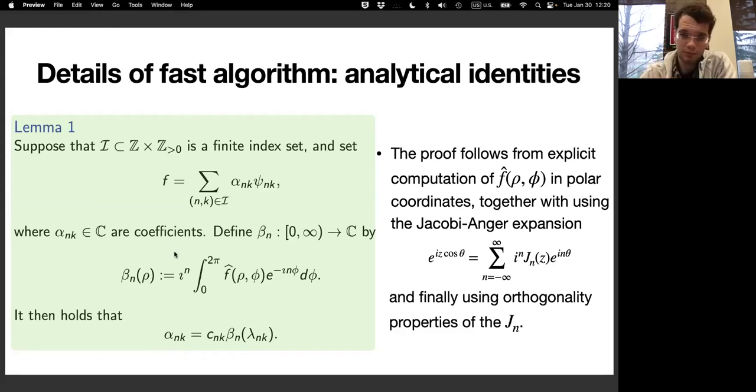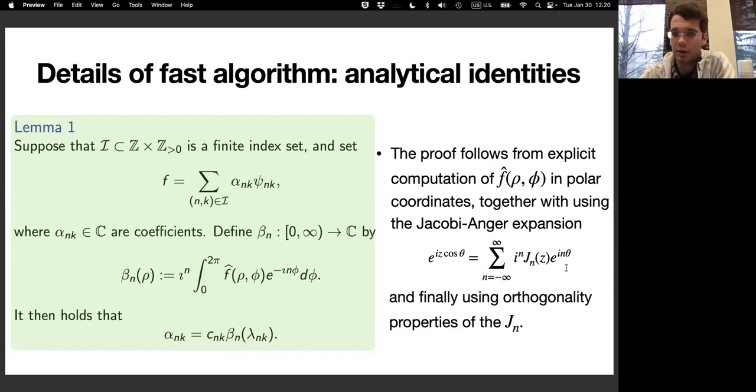So we want to compute the Fourier transform of these basis functions. And we can do that explicitly. When we write down the definition of the Fourier transform, we evaluate everything in polar coordinates, so the complex exponential in polar coordinates.